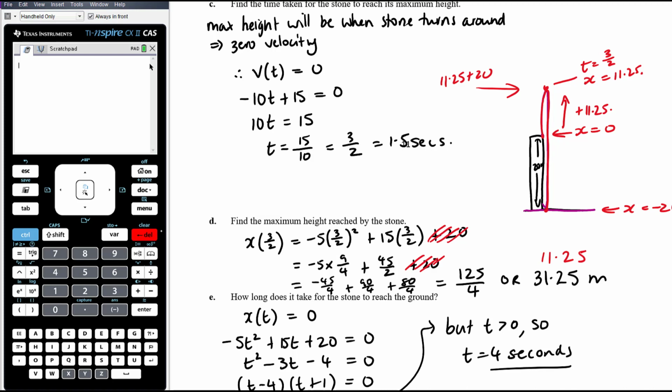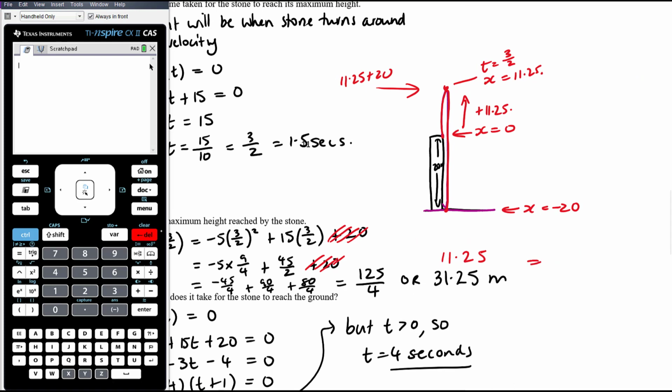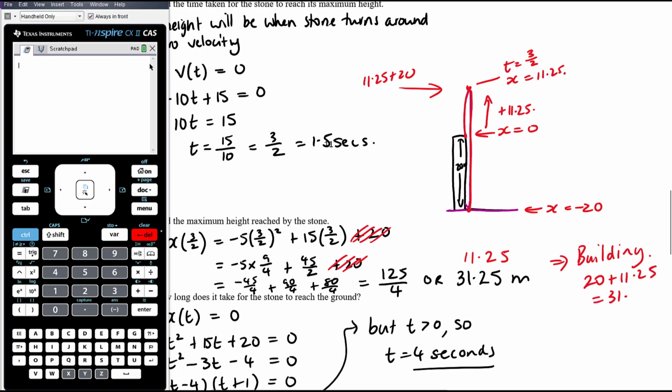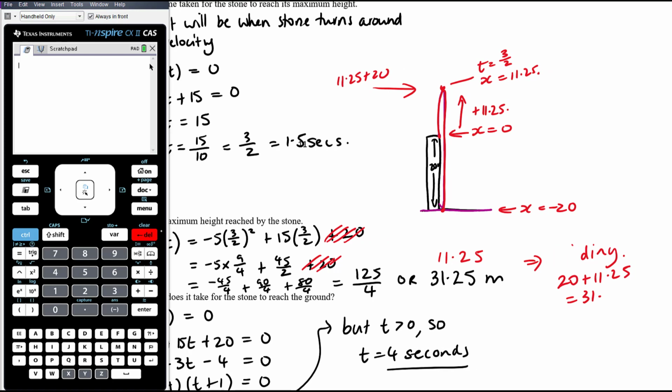So you just need to interpret your equation, which still means that the max height is 20 plus 11.25 meters. Sorry, not the building, the max height. So you would need that extra step at the end to interpret your answer.